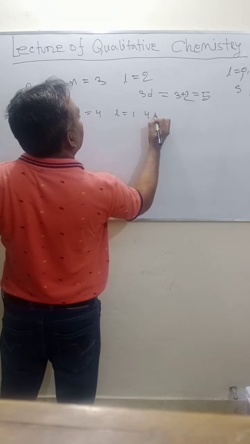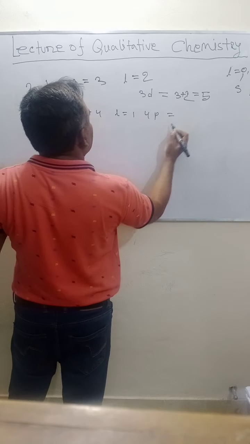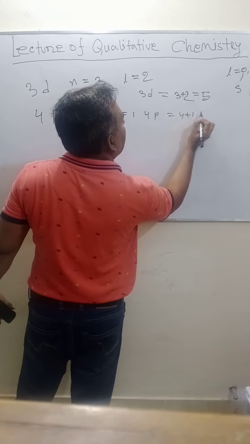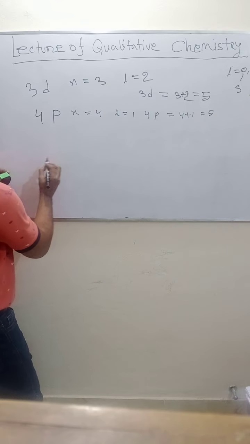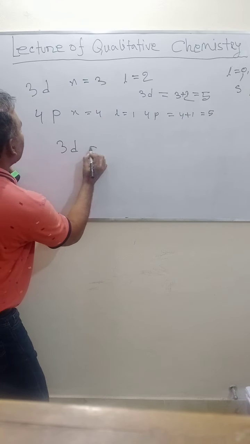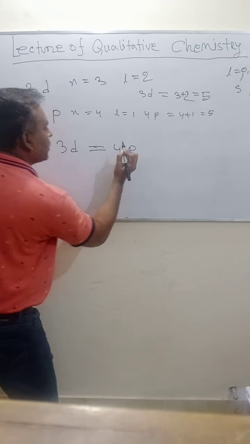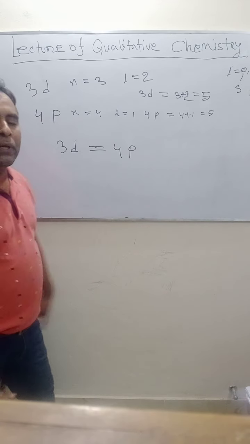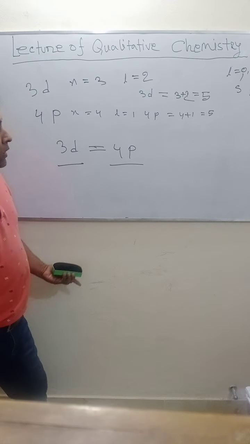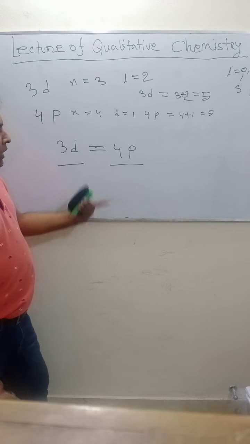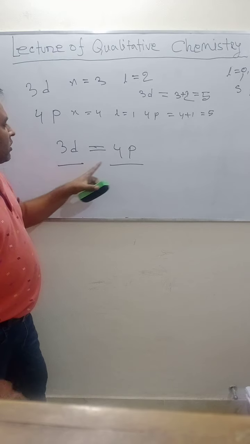That means 4p equals 4 plus 1 equal to 5. So here 3d equals 4p. So where will the electron enter first, in 3d or 4p?